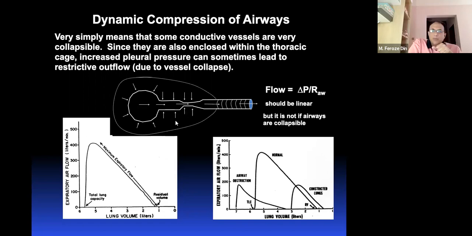So as one expirates, there's a larger pressure within the lungs, and it compresses certain areas more than the alveoli. So these would collapse, but the alveoli don't collapse. In fact, there's a certain amount of air, as we shall see later on, which can never be removed from the lungs, and that is due to what we call dynamic airway compression.